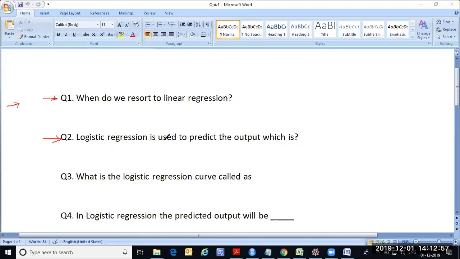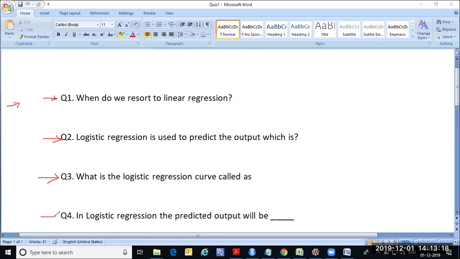Logistic regression is used to predict the output when y is discrete, right? So what is the logistic regression curve called? Sigmoid curve or S curve in short.